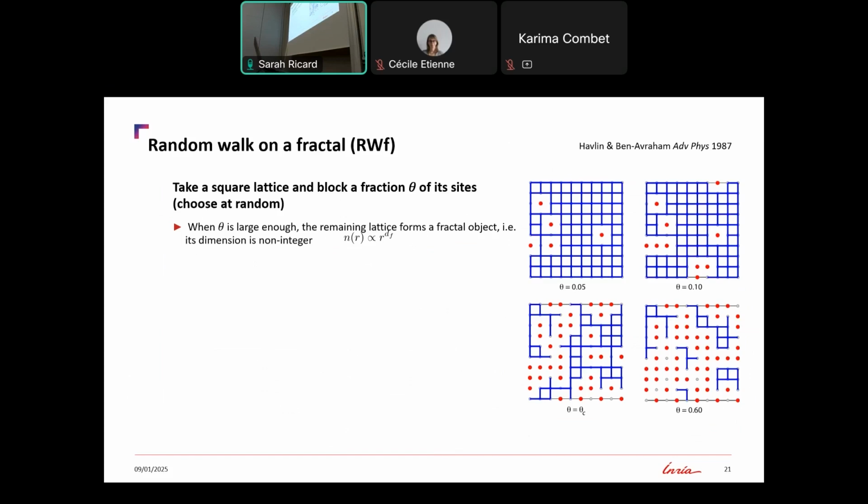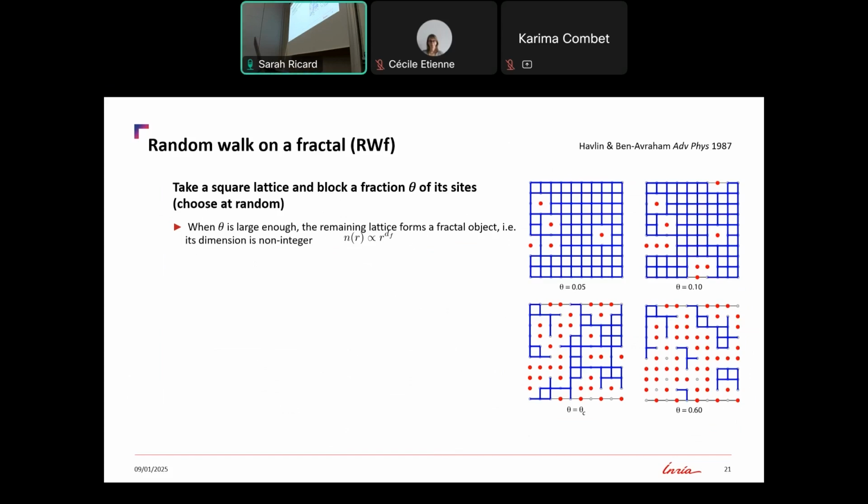I take, for instance, a circle there that has some radius r, and I compute the number of blue elements that are located within r. And I increase the value of r, and I count the number of elements that are within the circle at distance r.